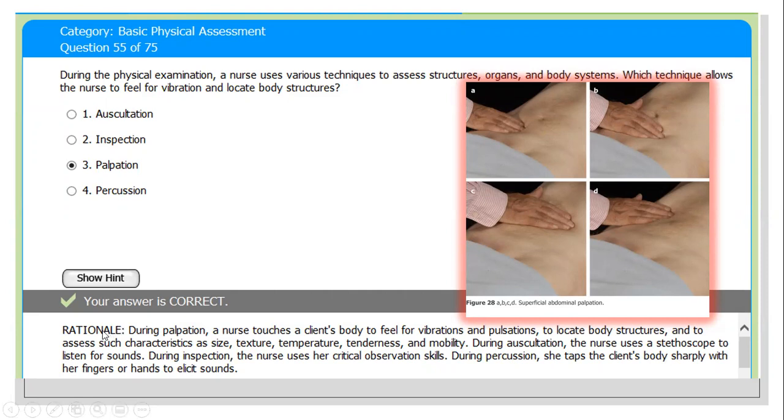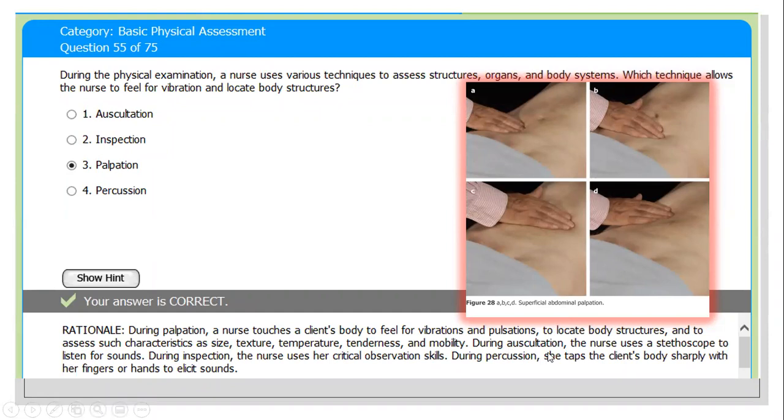So what is the explanation? During palpation, a nurse touches the client's body to feel for vibration and pulsations, to look at the body structure, and to assess such characteristics as size, structure, temperature, tenderness, and mobility.